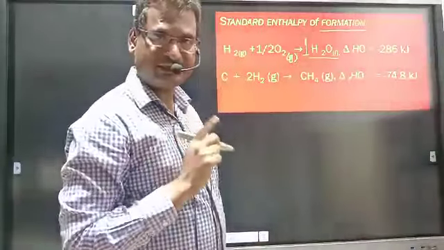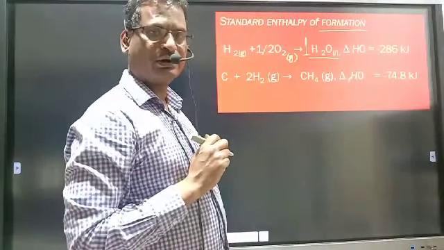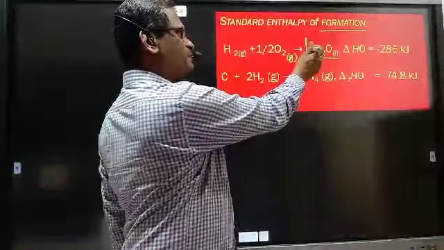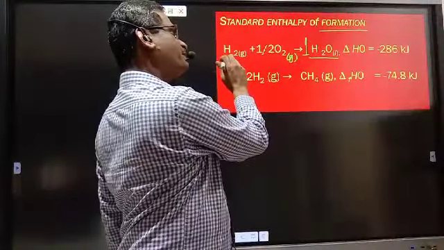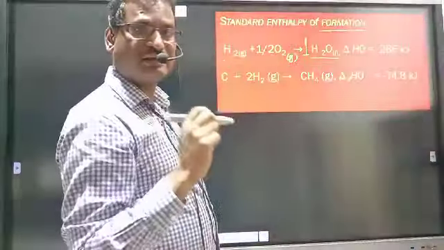The enthalpy change whenever 1 mole of substance is formed from its constituent elements is known as enthalpy of formation.